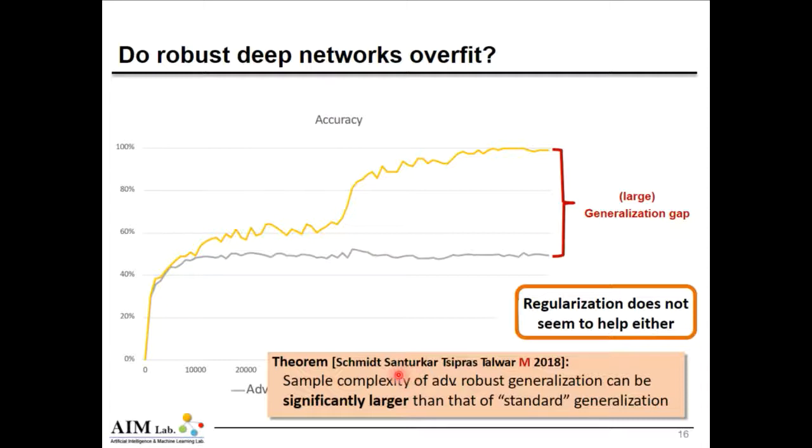Especially, it tends to need more data to even be able to get a robust classifier. So here is a theorem. Sample complexity of adversarial robust generalization can be significantly larger than that of standard generalization.